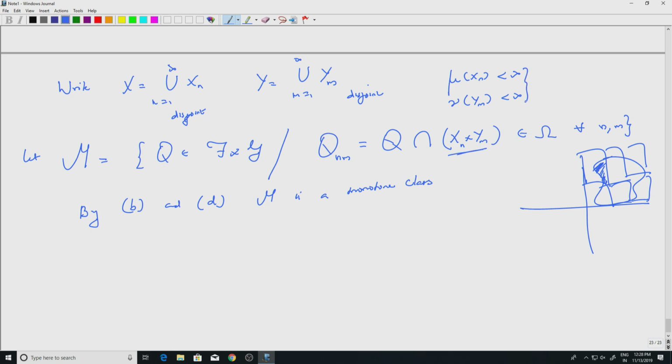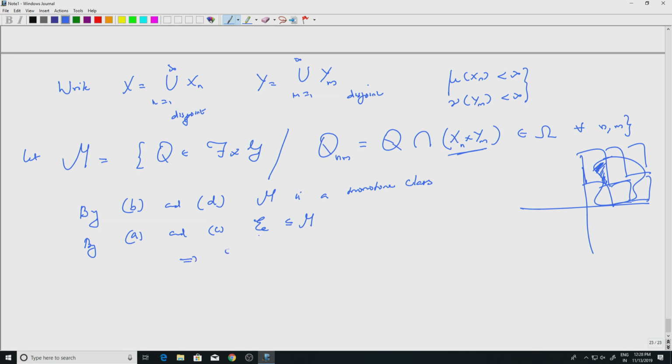So this is like A cross B where A and B have finite measure. Okay. So by property A and C, elementary sets are inside M. But M is a monotone class, and elementary sets are inside M. So the monotone class generated by elementary sets will also be in M.